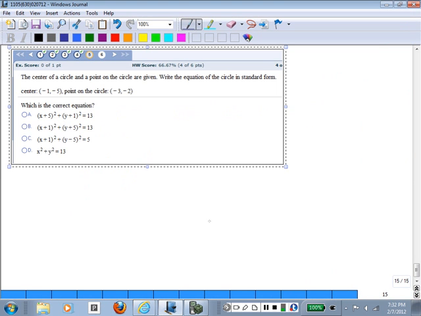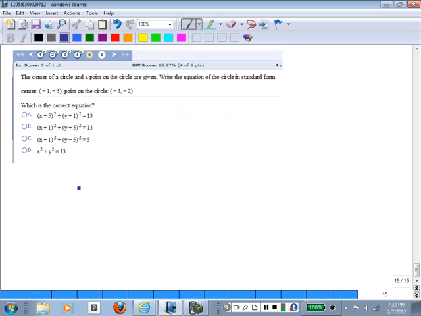Okay, let's see. So you use the distance formula. D equals the square root of, call this one x sub 1, y sub 1, call this one x sub 2, y sub 2. It's going to be negative 3 minus negative 1 quantity squared plus negative 2 minus negative 5 quantity squared.